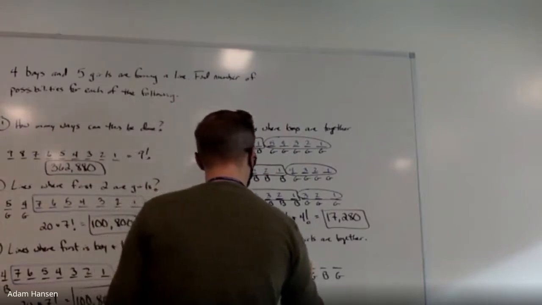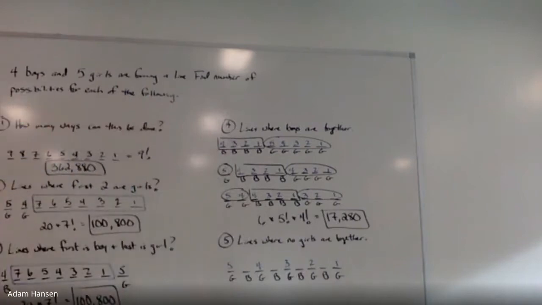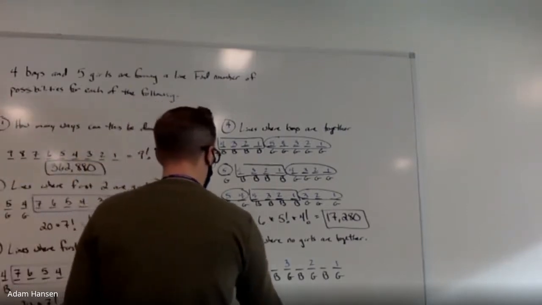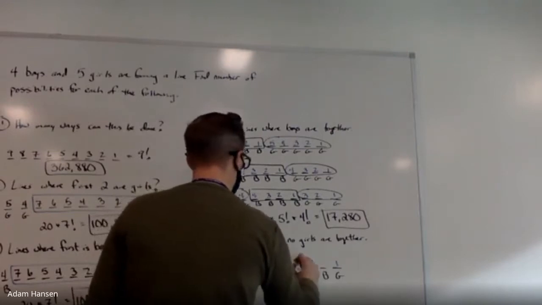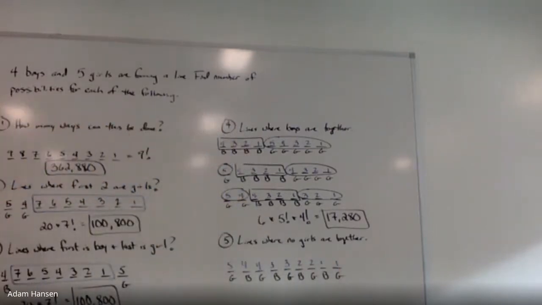So 5 girls, 4 girls, 3 girls, 2 girls, 1 girl. Do the boys next. 4 boys, 3 boys, 2 boys, 1 boy. 5 times 4 times 4 times 3 times 3 times 2 times 2 times 1 times 1.